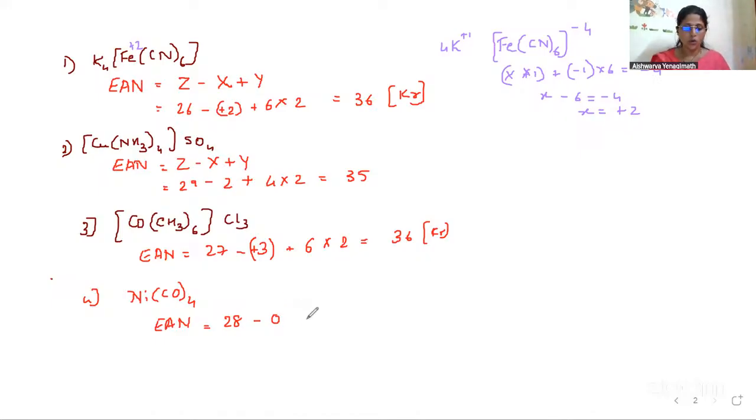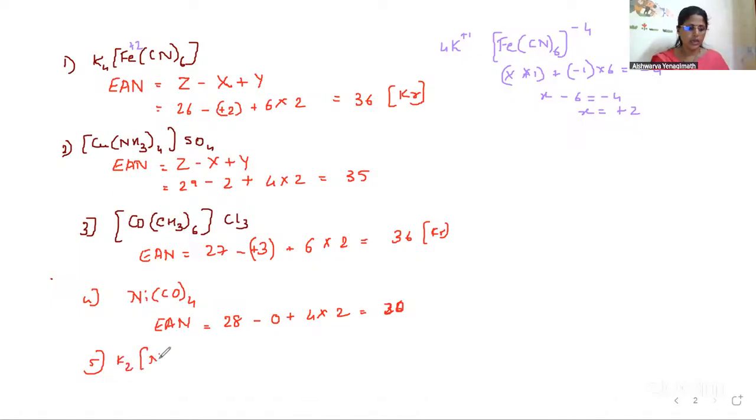So 28 minus 0 plus how many? 4 are there, into 2. 4 2s are 8. 28 plus 8 gives you 36. This is the EAN number.